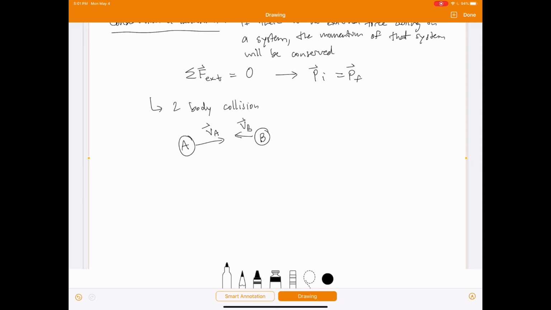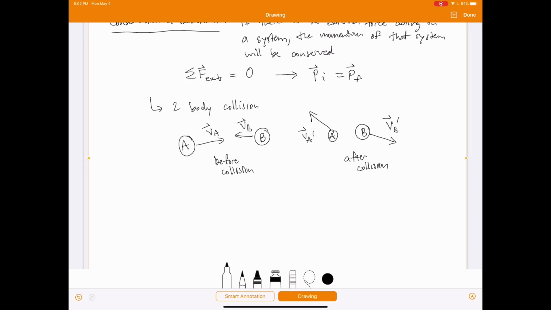And as we can see, they're approaching each other, so they're going to collide, but this is before that happens, before collision. After they collide, they're going to be moving with some new velocities. So maybe like this. This is what we'll call VA prime, and this is what we'll call VB prime. And this is the after collision picture.